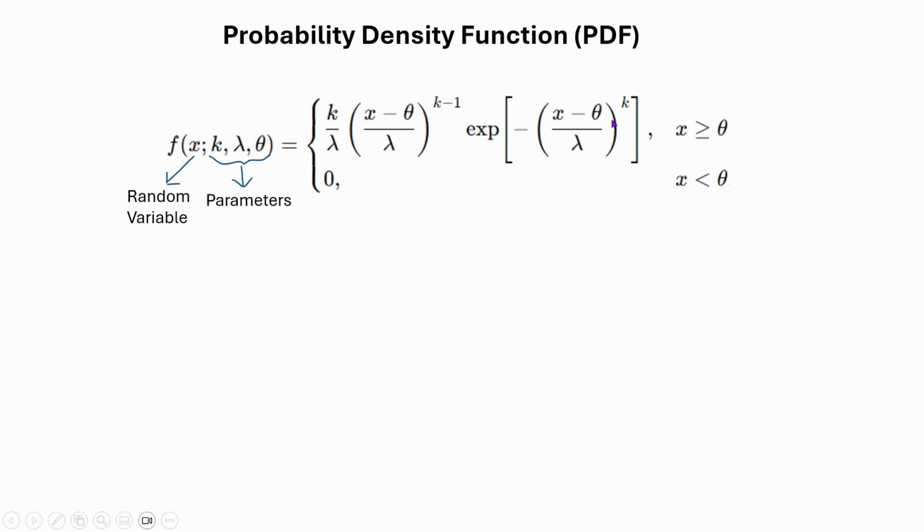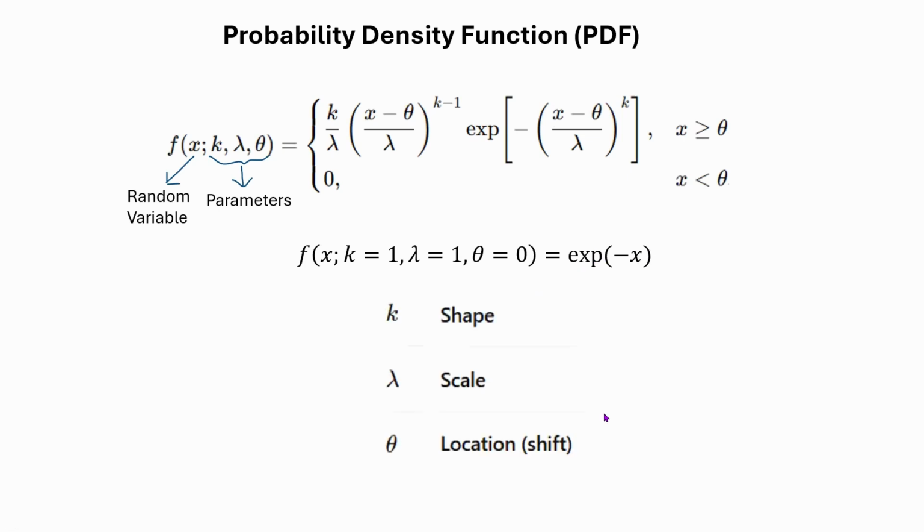Now, although this function looks quite daunting, for k equal to 1, lambda equal to 1, and theta equal to 0, which you can think of as base case, this entire function will reduce down to e to the power minus x, which is extremely simple. That means basically this entire hideous function is an extension of e to the power minus x. So the three parameters k, lambda, and theta are known as shape, scale, and location respectively.